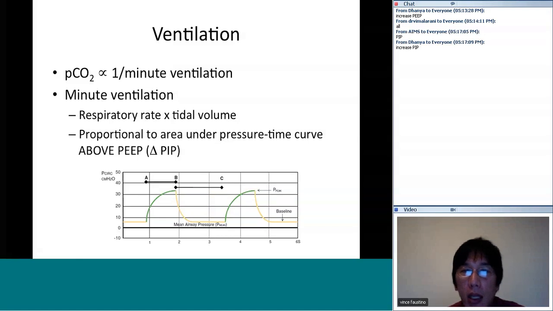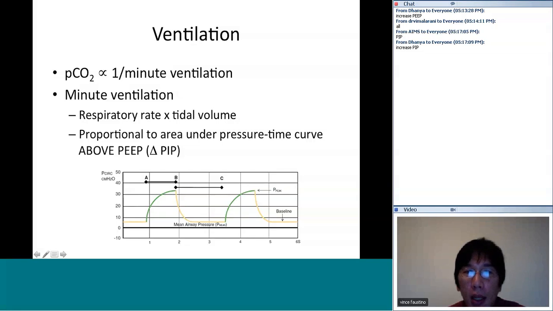Minute ventilation is your respiratory rate, the number of breaths that you take within a particular time period, and the volume of your breath, which is your tidal volume. Anything that's going to increase your respiratory rate or your tidal volume or both is going to decrease your PCO2.